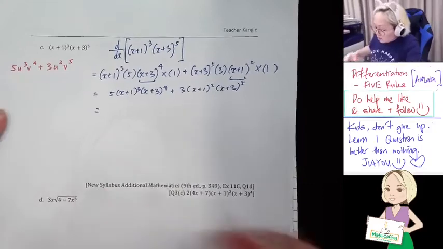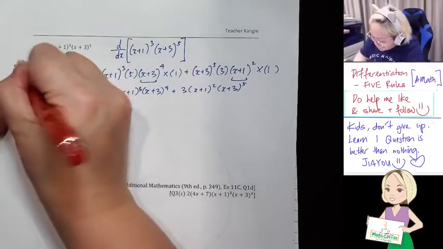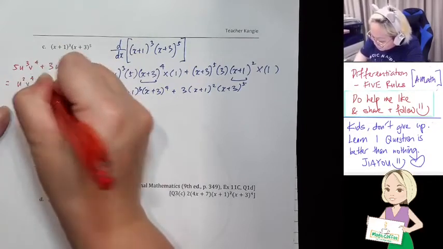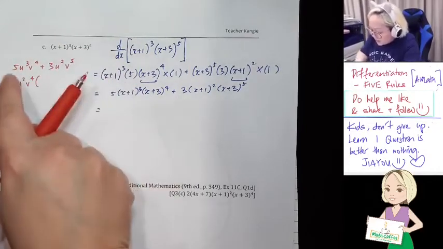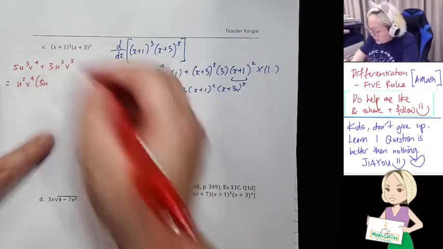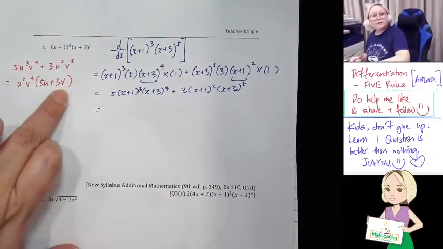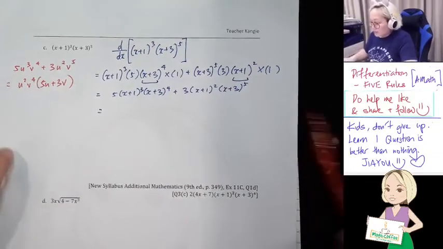I'm going to take out what common factor? So you know you need to take out u square and v^4. And this first term I left with 5u. This one I left with 3v. Can see that? Okay, so I'm going to do the same for this part.